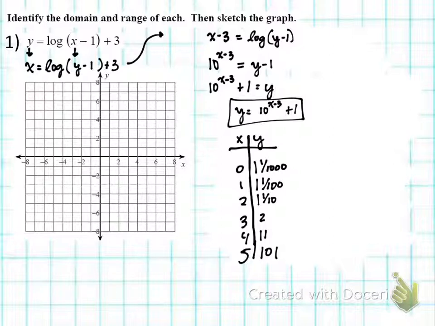Now, this is the graph of the inverse, right, which is the exponential equation, but I need to graph the original problem, which is a logarithm, which is the inverse of this. So all you have to do at this point is copy the numbers into a new xy table, but instead of copying the x's to the x's, we're going to flip them. So all my x's, the 0 through 5, I'm going to put them in the y section.